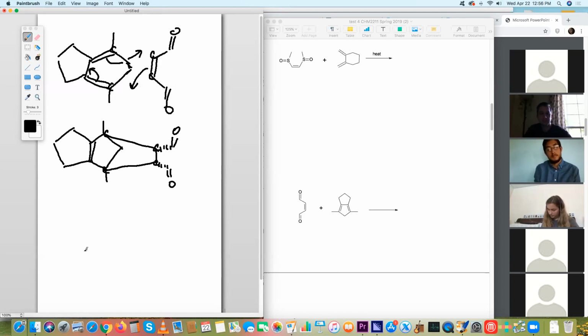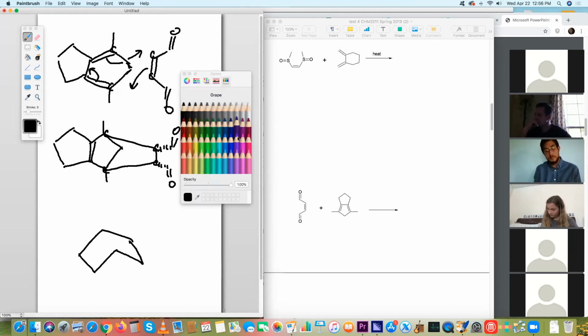Okay, with the 3D, I always encourage you to draw this shape first. Actually, I'll draw it in different colors here, of the carbons that all join together here.